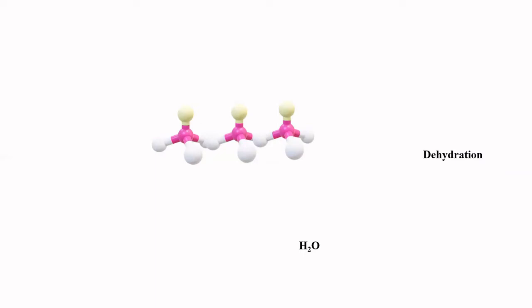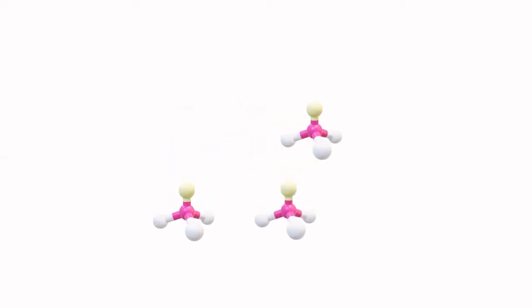But what will happen if I add a water molecule to this large molecule? We have seen that small molecules like monomers react with each other with the loss of a water molecule, and we call this reaction condensation or dehydration. Now, if the opposite reaction happens, and a water molecule is added to this large molecule, it will break down again into the smaller parts.